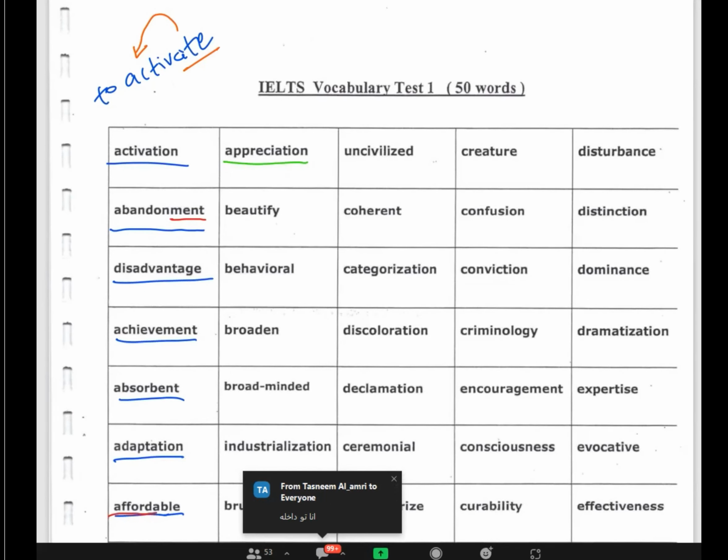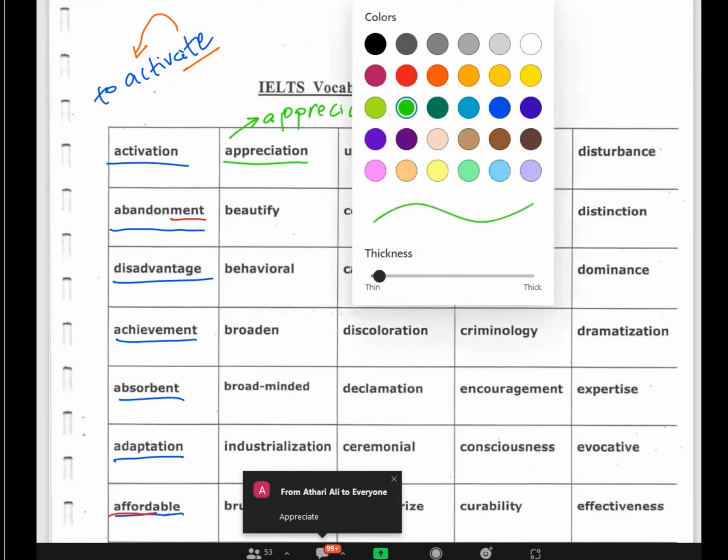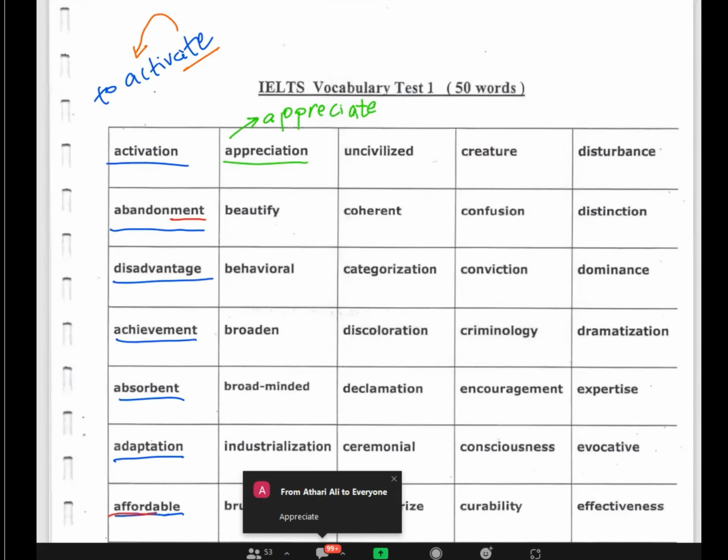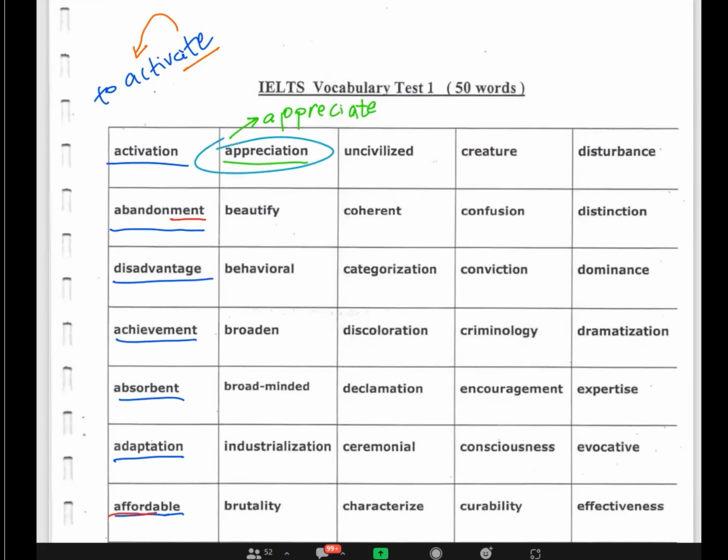What's the verb of appreciation? Appreciate. Appreciate, very good. Now, this is also another topic that can be discussed in the exam, in speaking. So write S means you expect it in speaking.